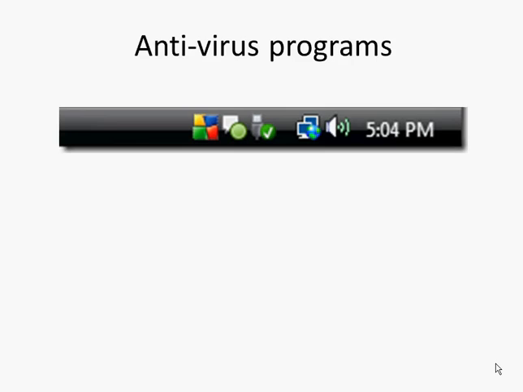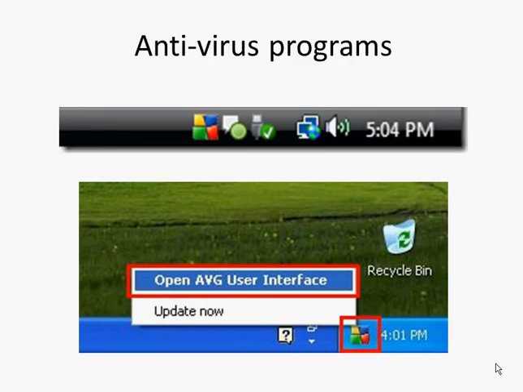So if you create a new file, or you download a new file, or you copy a new file onto your computer, it'll check it in real time for any malicious content, any viruses. And then if you want to actually go into it and do something with the settings of the antivirus software, then you would probably right click on it and open it.